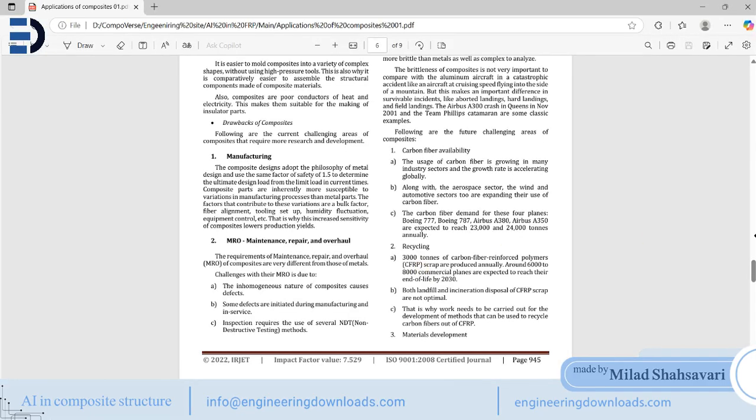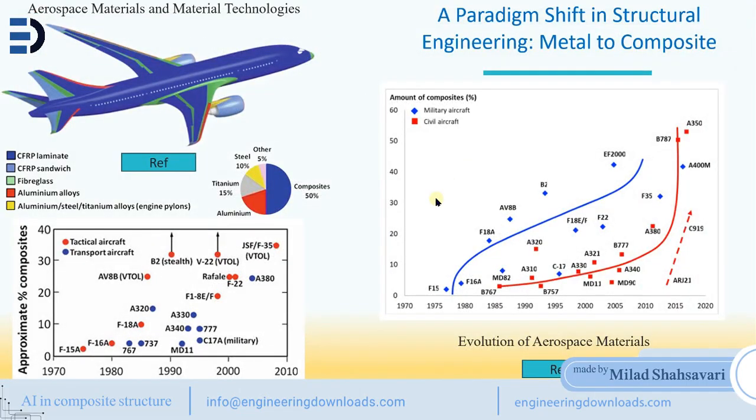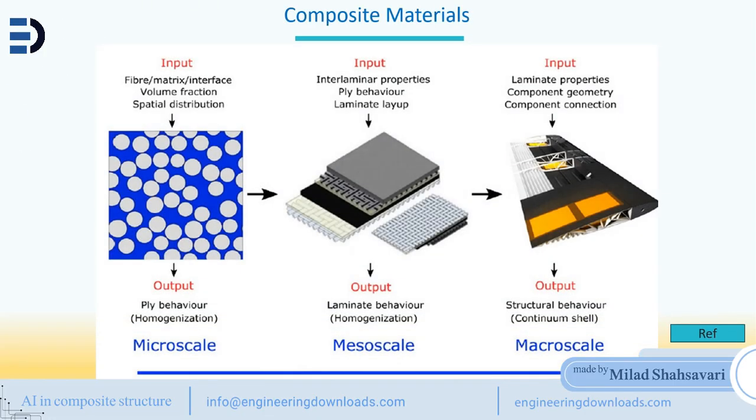This chart is extracted from a recent and up-to-date article that discusses the use of composite materials in the aerospace industry. So, we've reviewed how important these structures are across various industries, and here we've introduced a few examples with proper references.